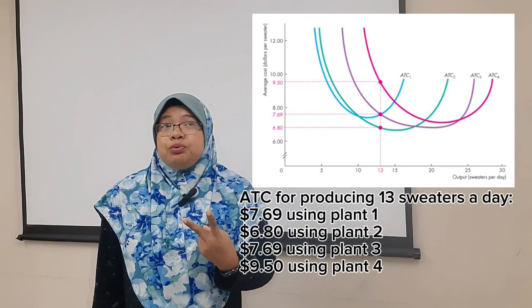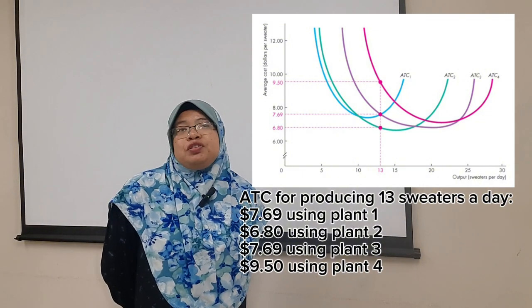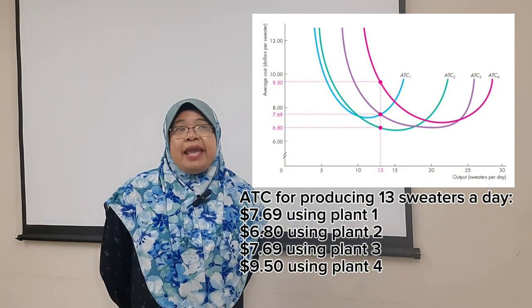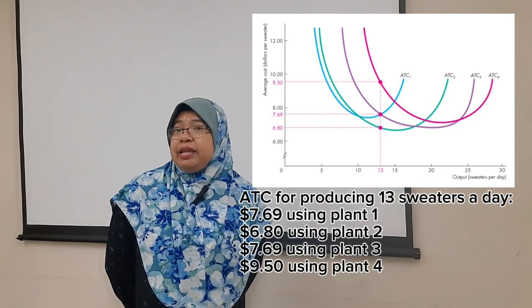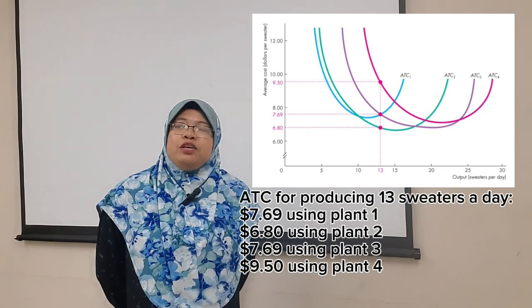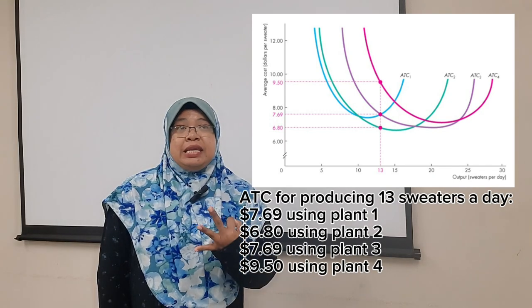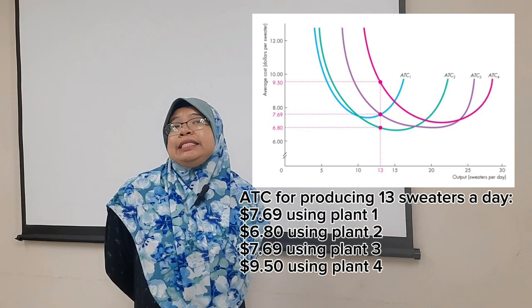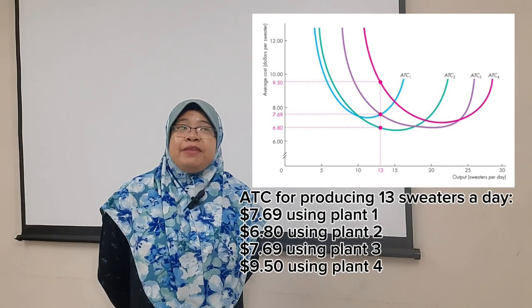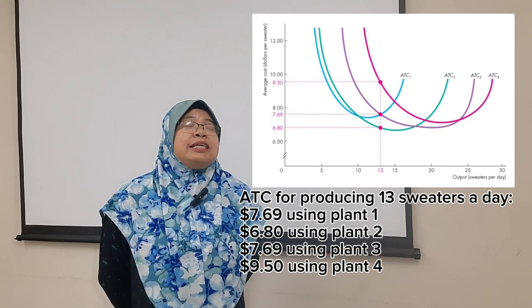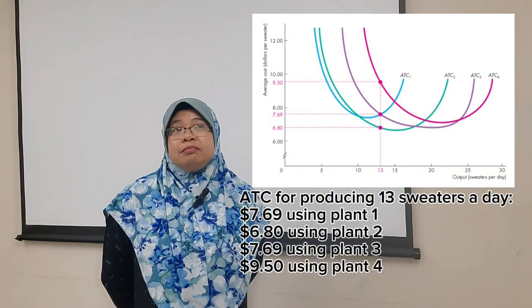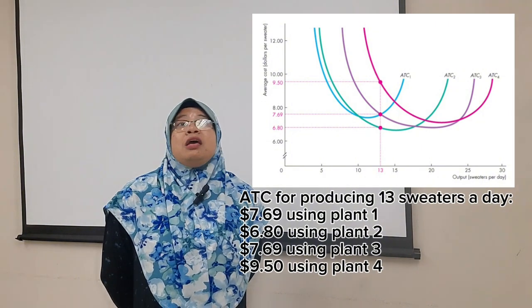Using plant 2, the same amount of sweaters will cost $6.80 each on ATC 2. When using plant 3, 13 sweaters a day will cost $7.69 each on ATC 3. It becomes higher, isn't it?